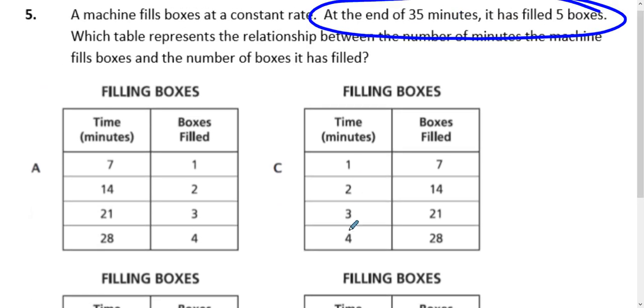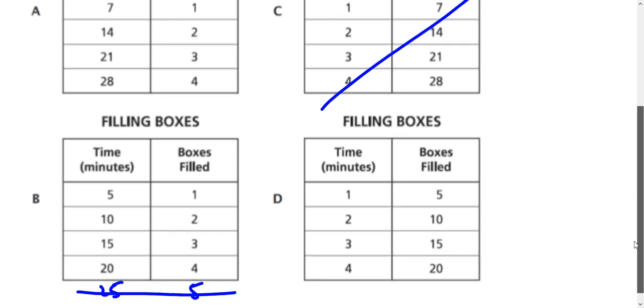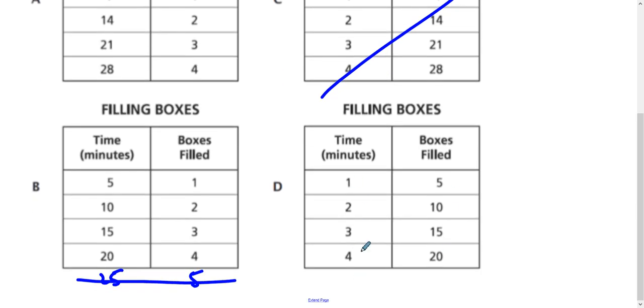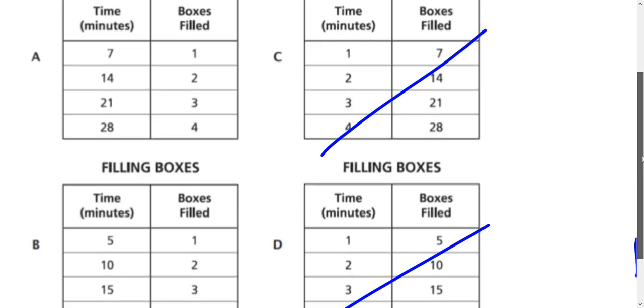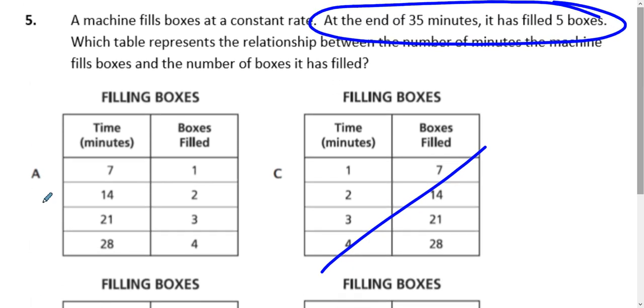35 minutes. This is going to get really, really big, really, really slowly. 5 boxes. We've already passed that. That's not it. 35 minutes, 5. That's not it. So is it this? Probably. Count by 7s. Count by 1s. Yeah, at the end of 35 minutes, it's filled 5 boxes.